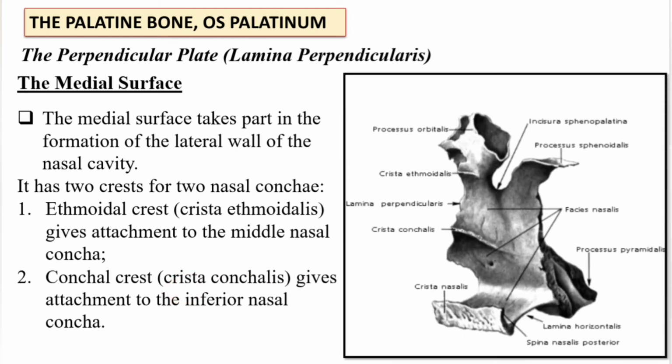So here is the medial surface. Crista ethmoidalis for the middle nasal concha is here, and crista conchalis for the inferior nasal concha here.